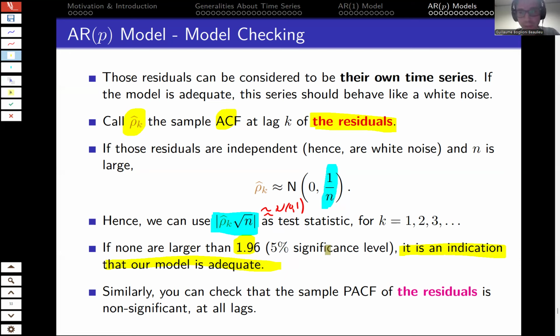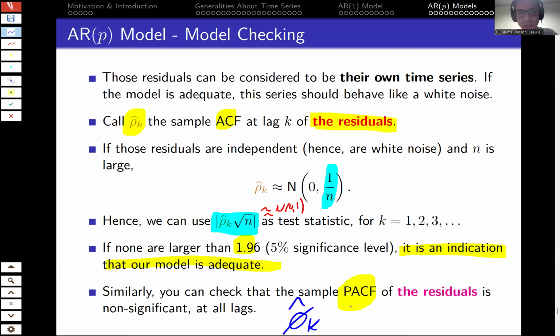Now, you can do that as well with the partial autocorrelation of your residuals. So why not? It should also be the case if your residuals are a white noise. You shouldn't be seeing anything in the partial autocorrelation. So same thing. Compute the partial autocorrelation of your residuals and check that none are significant.